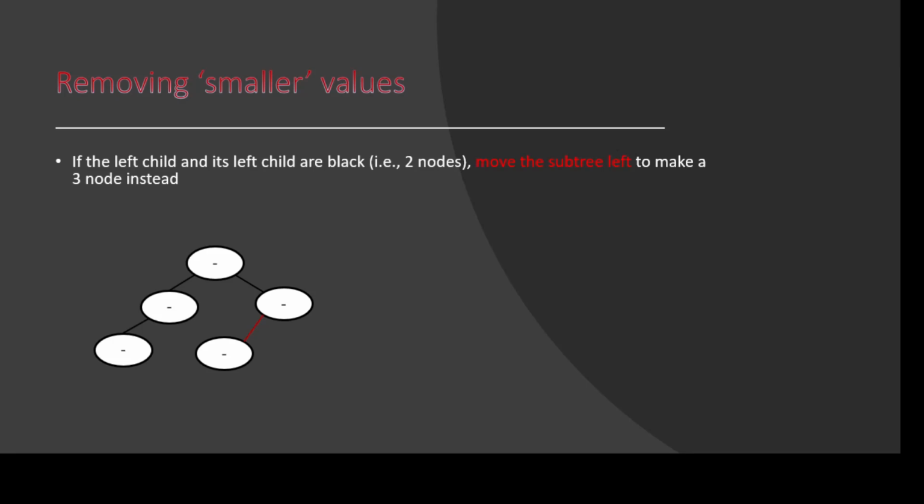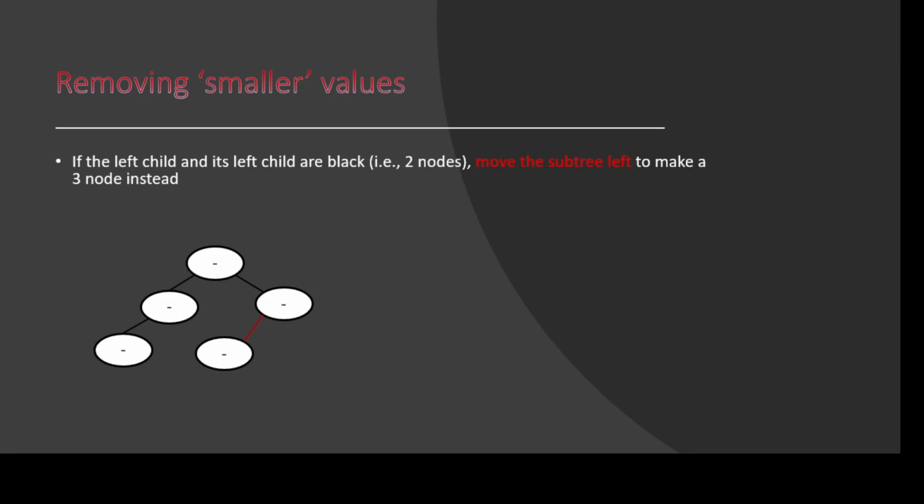So the smaller than the subtree root's value. So if the left child and its left child are both black, so we know we have two nodes that are not in between nodes here. We have a nice standard 1-2 tree structure, binary tree structure.